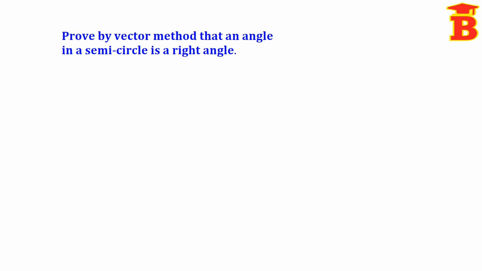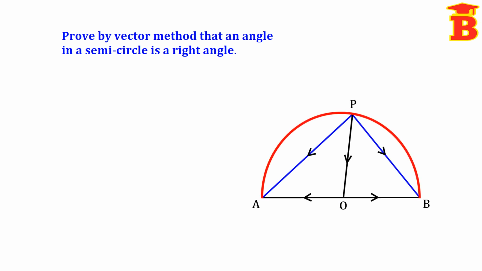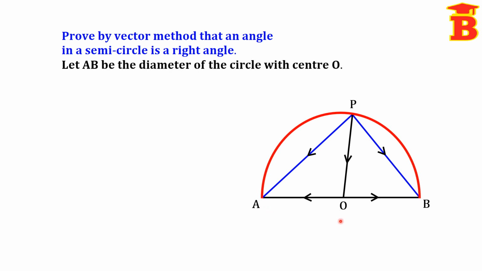First problem, prove by vector method that an angle in a semicircle is a right angle. Semicircle means half circle. So let us draw half circle like this. Here AB is diameter and O is the center of the circle.